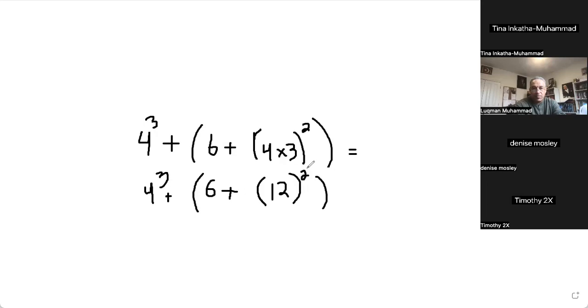Because I got the square up here. Got to square the 12. This square tells me that everything inside this parentheses is going to be squared. Oh, okay. So even if you remove that first parentheses, it's still going to tell you that the 12 is squared.